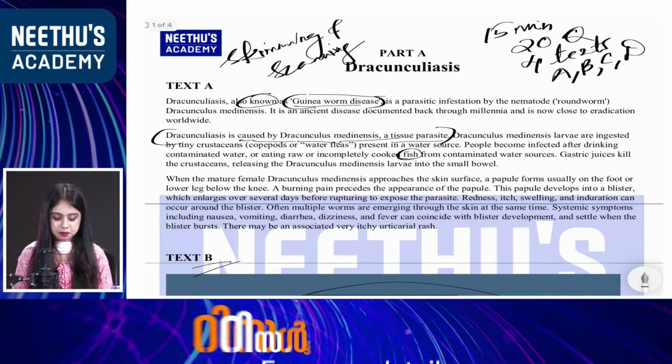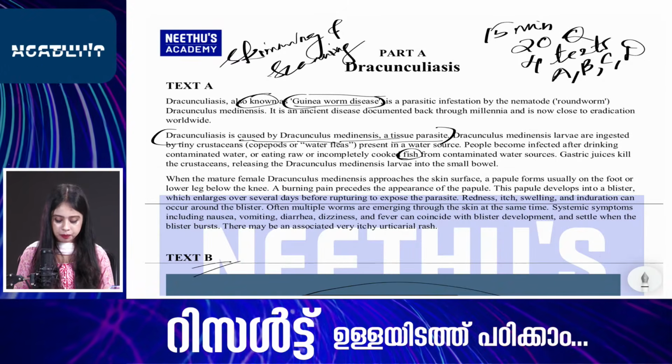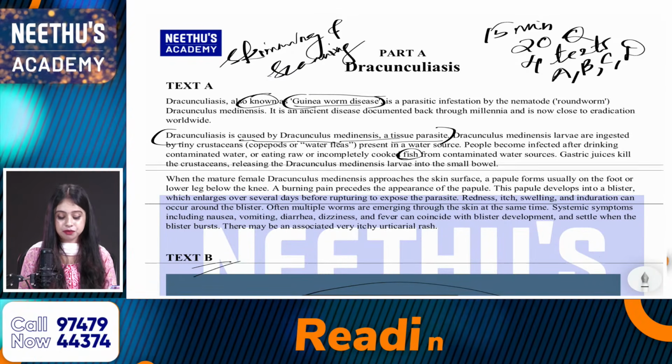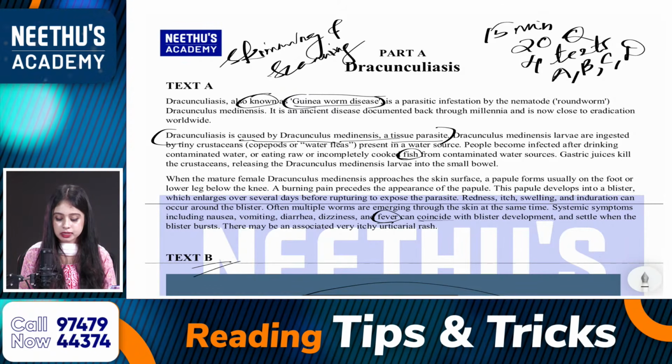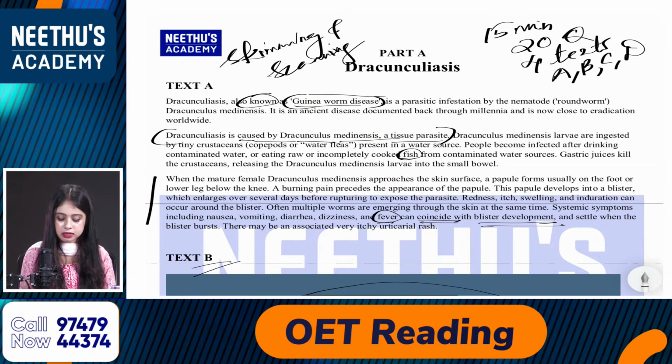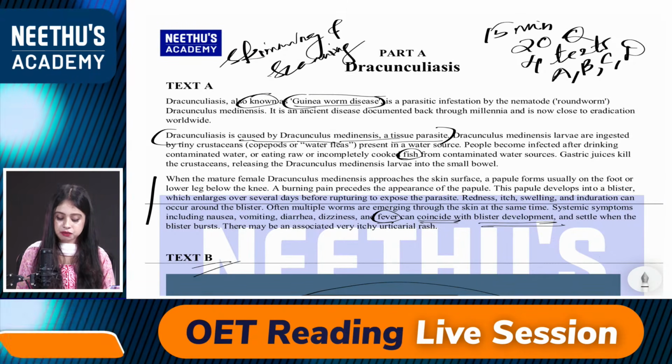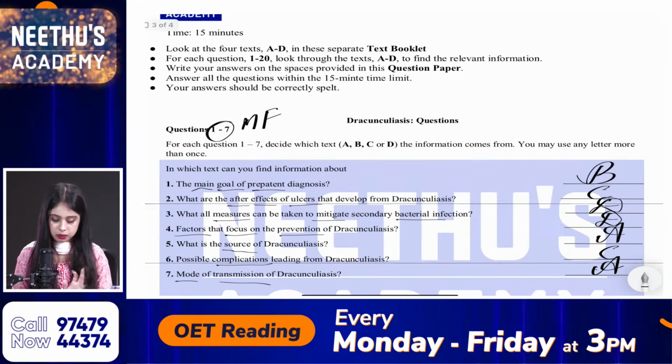It is in text A. So what is the sign mentioned here along with blisters? Yes, fever. Fever can coincide with blister development, which is from text A, last para, second last line. Fever is the correct answer.